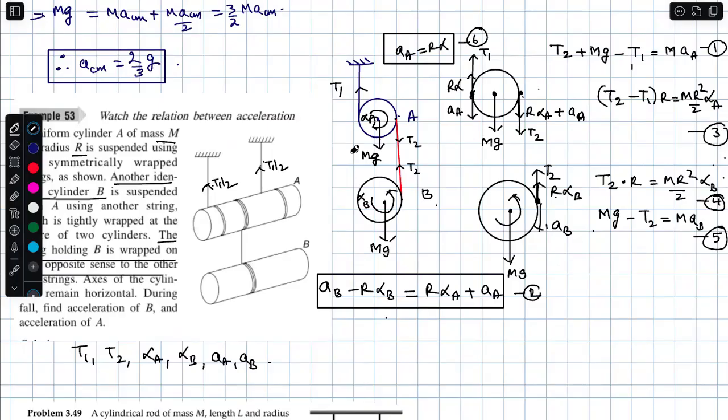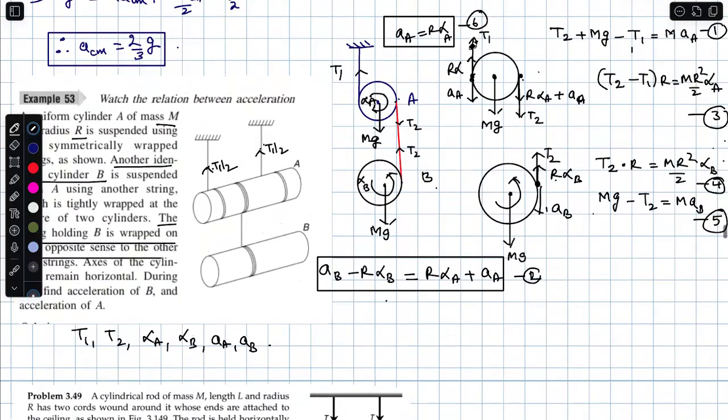So you have equations R alpha A, by the way. That's all. Now you have 6 equations altogether. Solve these 6 equations. They are not a bit difficult. They are easy actually. See, if you add, you can eliminate T2 from these 2 equations.